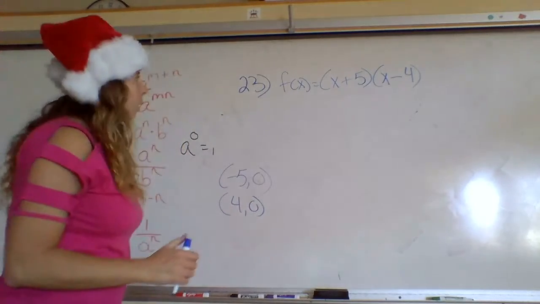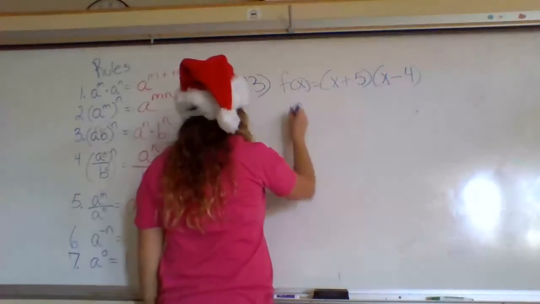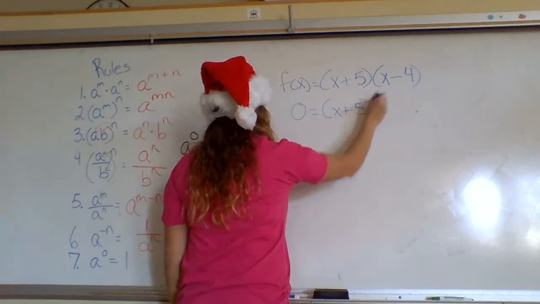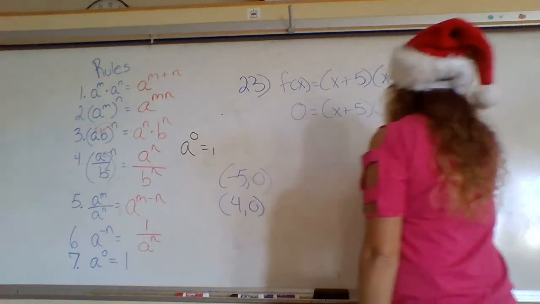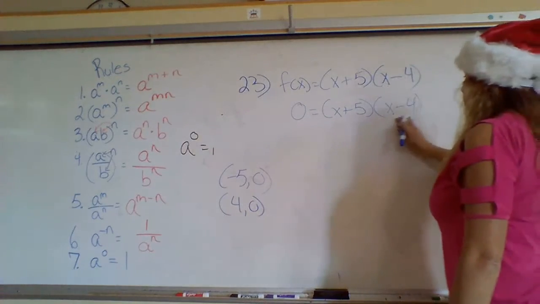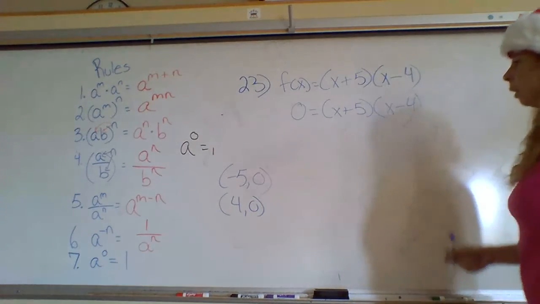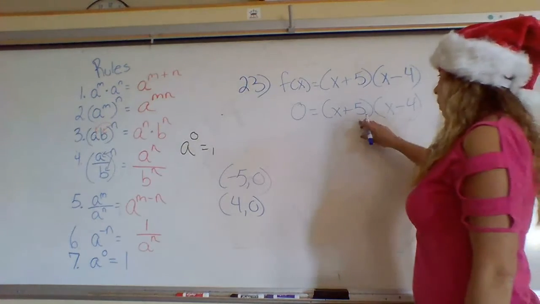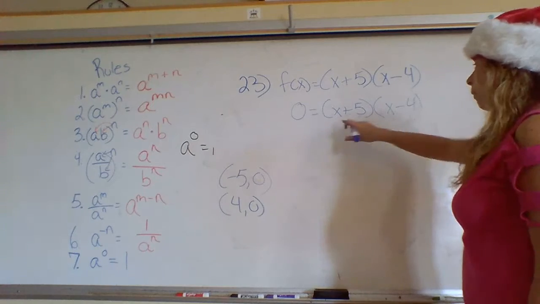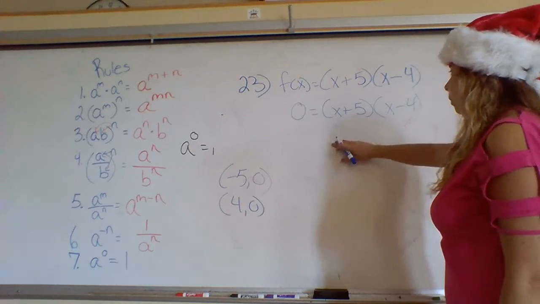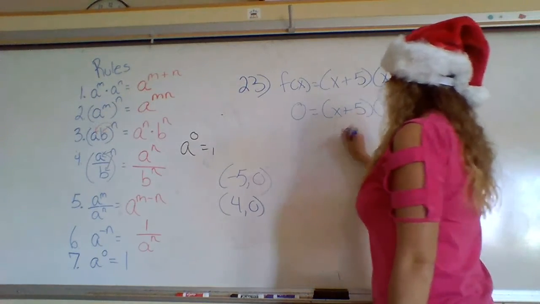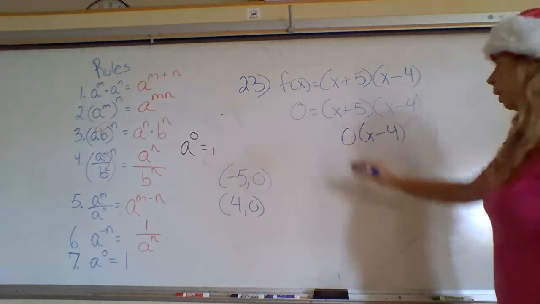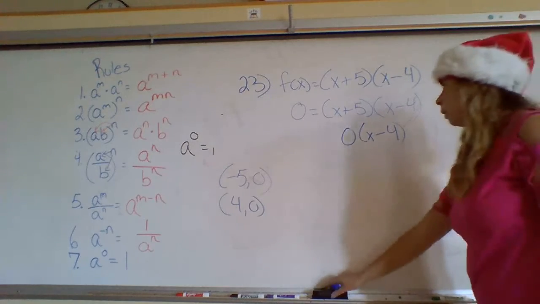I'll prove it to you. If you set this equal to 0, 0 equals x plus 5 times x minus 4. If you want, you can FOIL these and multiply them all out. But I want you to just think about this. If this is equal to 0, then I would have 0 times x minus 4, and 0 times anything is just 0.